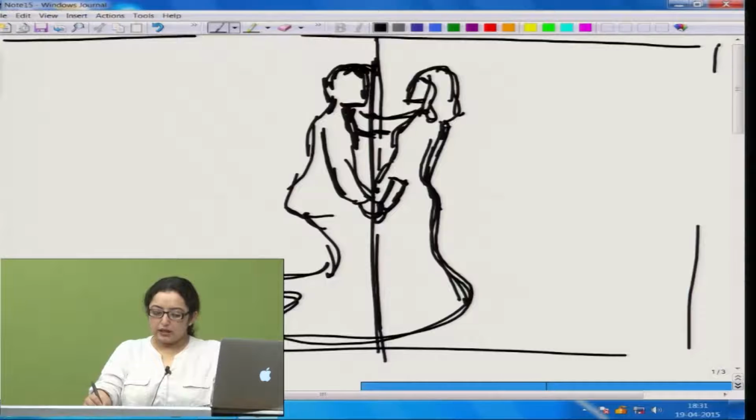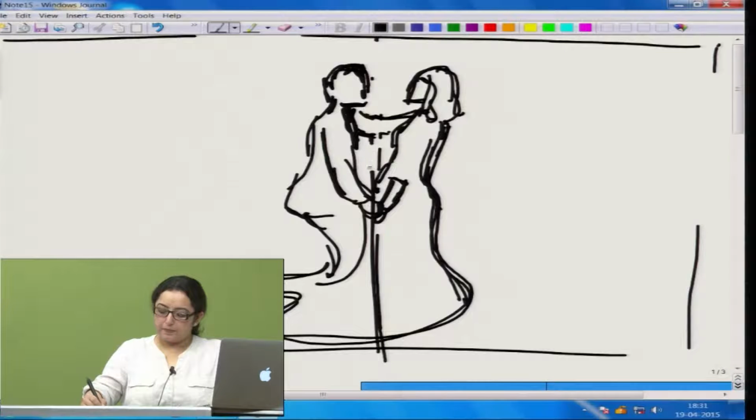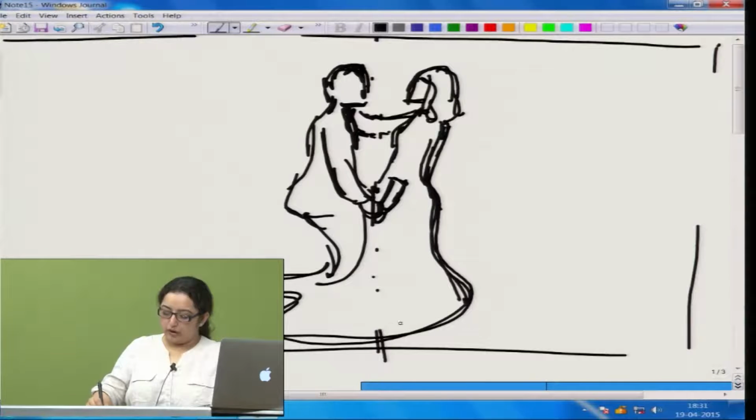And that gives the whole composition a sense of symmetry. So, let us remove the central line that worked as a reference point and see the figures right at the center.